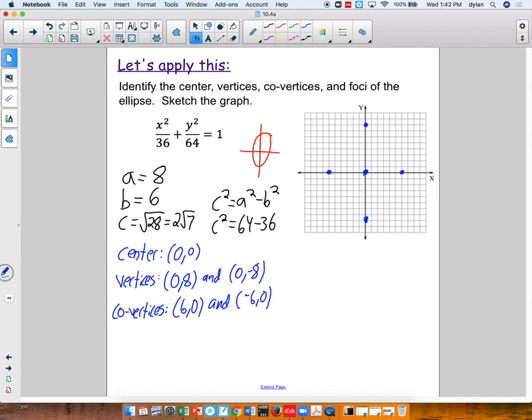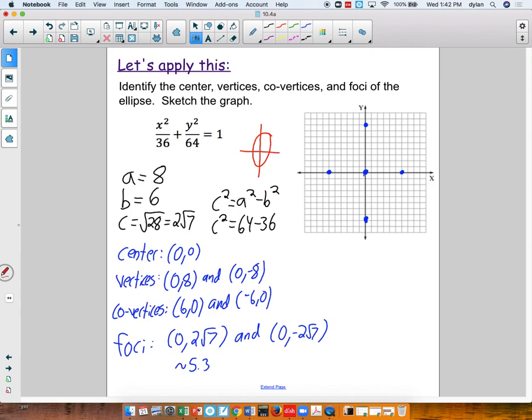And then we also know that our foci are always along the major axis, right? So in this case, they're on the y-axis. So our foci are going to be at (0, 2 root 7) and (0, -2 root 7). And 2 root 7 is approximately 5.3.